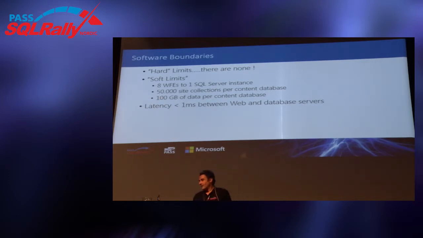And the limit should be around 50,000 site collections per content database, and again 100 gigs of data per content database. Also, some lab testing has given okay results with larger content databases up to 350 gigs. Of course, you need to have a very short latency between the web and the database servers.